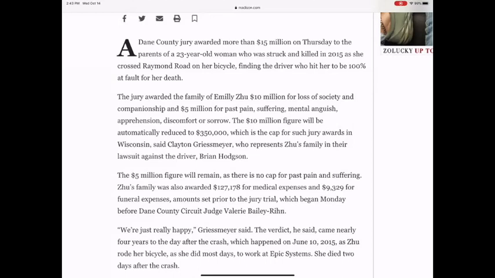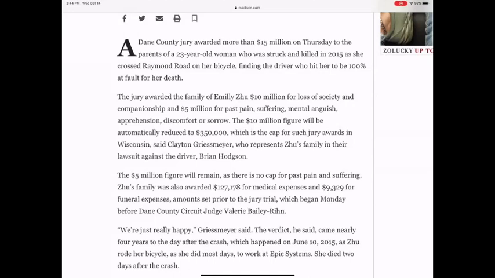fault or not. But what makes it even worse is that despite not being found responsible for the accident, at least by the police, the parents of the young woman who was killed sued. They hired an attorney who specializes in accidents involving bicycles and was able ultimately to get a jury verdict for more than $15 million.